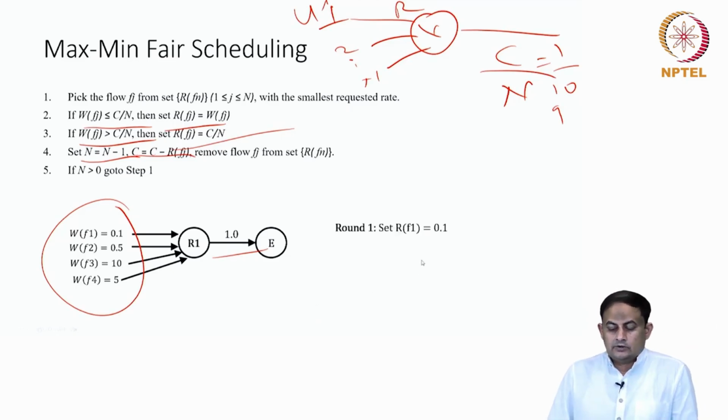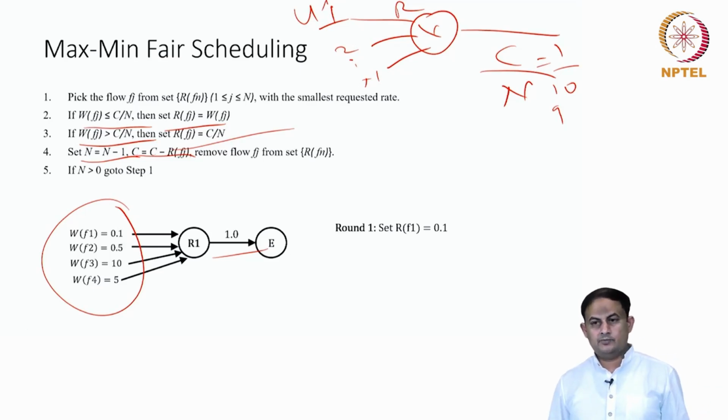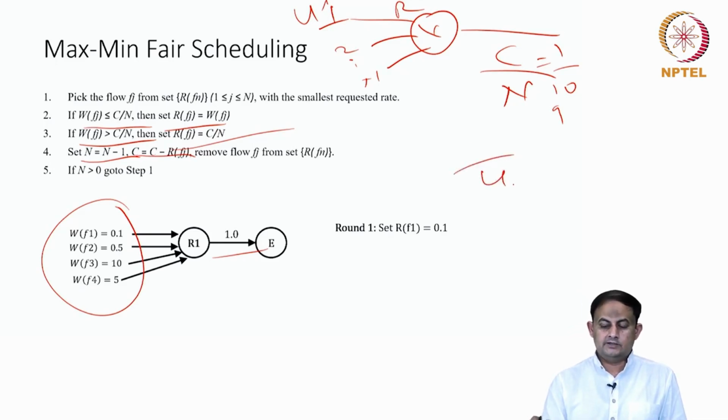In round 1, you pick the user who is asking for the lowest quantum of bandwidth, which turns out to be user 1, asking for 0.1 Mbps. And what is the fair share now? There are 4 users, n is 4 and the capacity is 1, so 1 by 4 is 0.25.